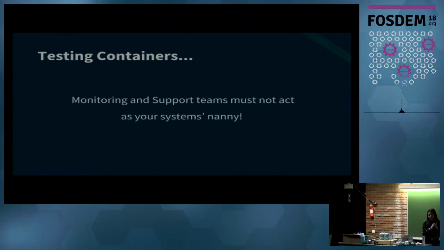So monitoring and support teams must not act as your system's nanny, because a lot of people, when we build our distributed system, we don't test it correctly, and we just send it to production that way. Well, we just rely super heavily on either your monitoring strategy or your support team, and that is not the goal.